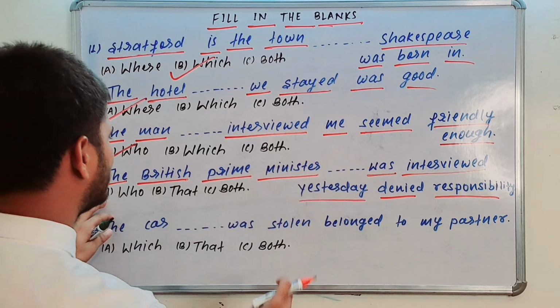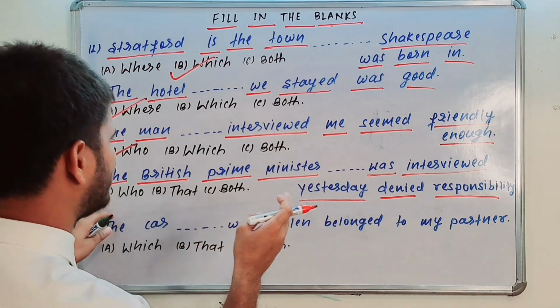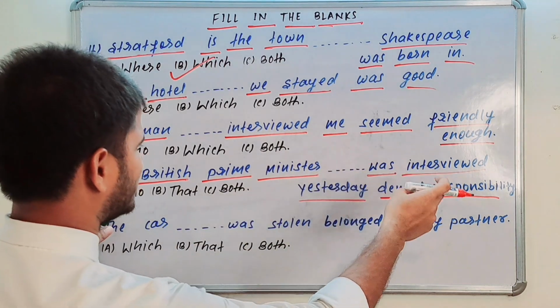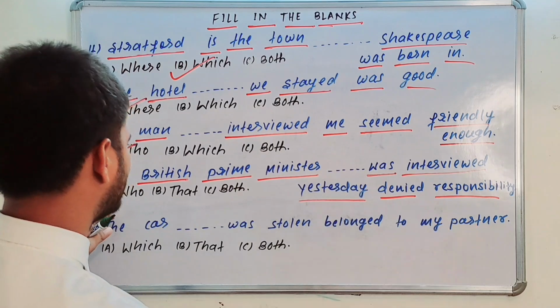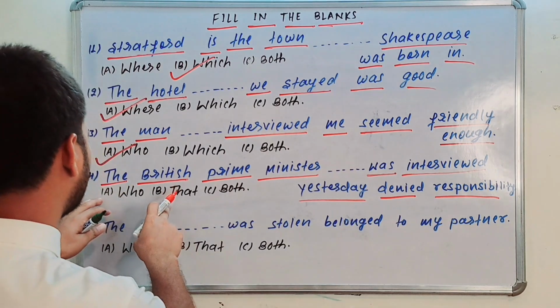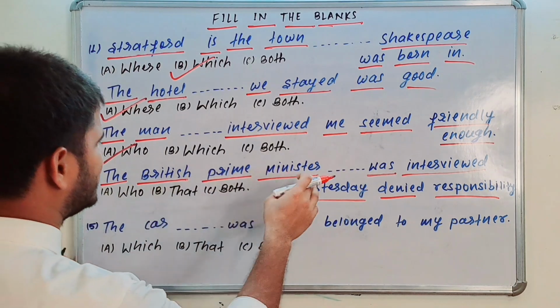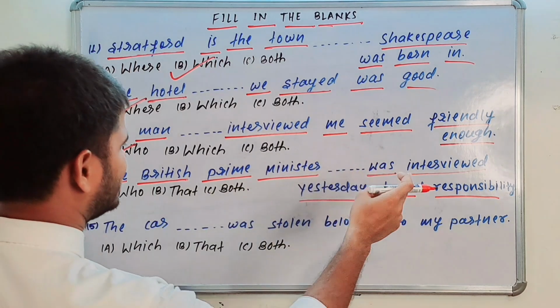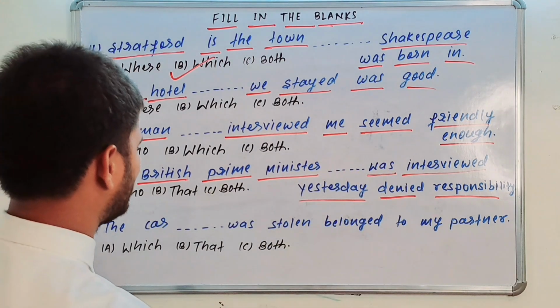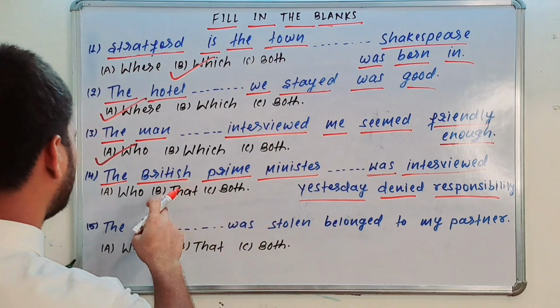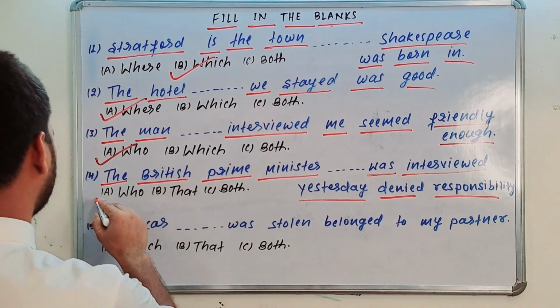You can also put who here. The British Prime Minister who was interviewed yesterday denied responsibility. And the second option B: the British Prime Minister that was interviewed yesterday denied responsibility. So here the right answer will be who.